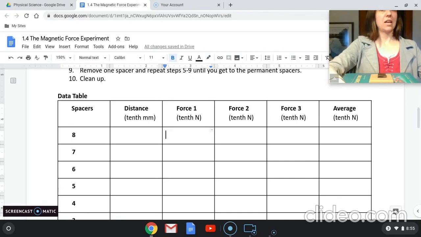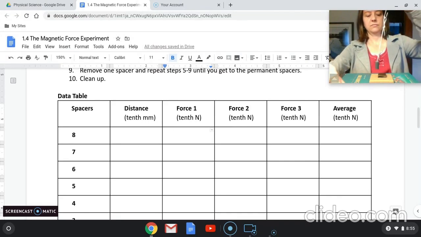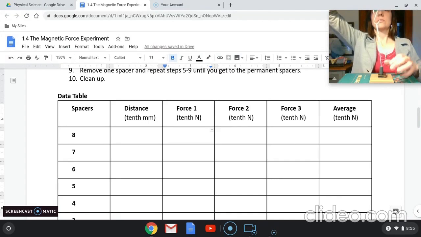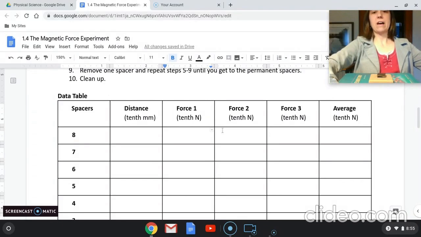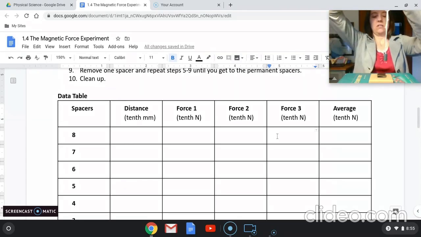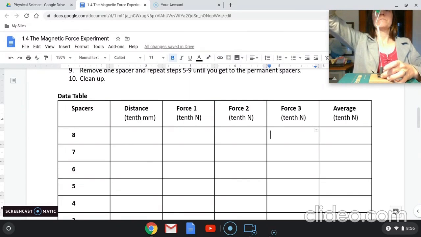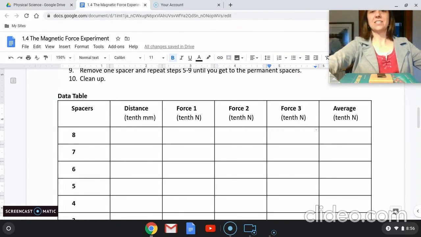And now let's try that again. So it's 0, 0.1, 0.2, 0.3, 0.4, 0.5, and again 0.5. So put 0.5 newtons right there. And for our third trial, 0.1, 0.2, 0.3, 0.4, 0.5, again very consistent, 0.5 newtons.